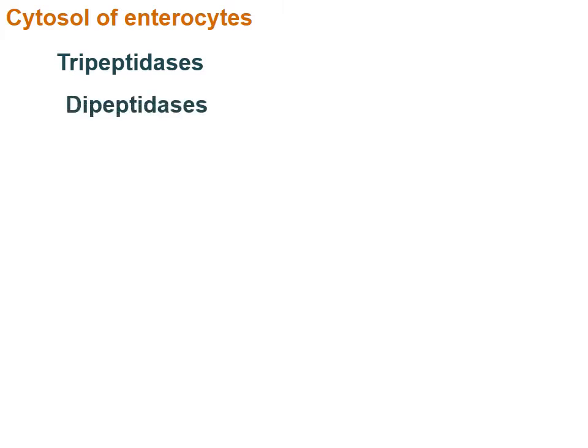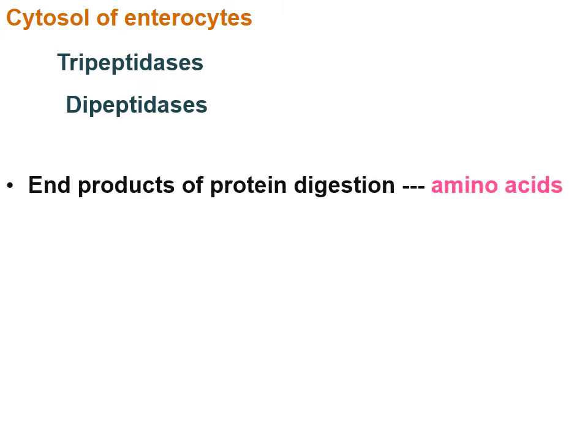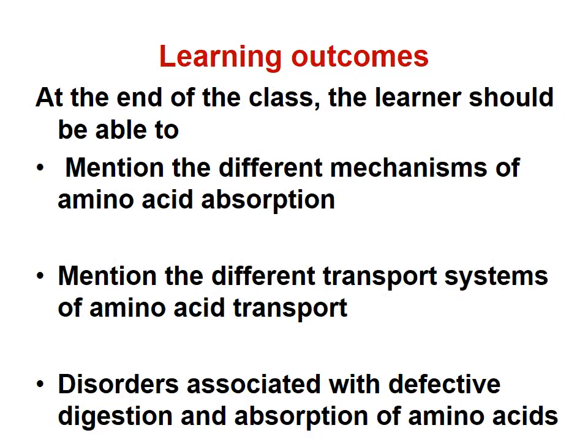So now with the action of all these, the proteins are broken down or digested to the end product called amino acids with trace amount of tripeptides and dipeptides.